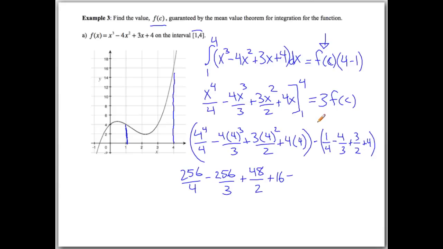This one gives me 3 over 12 minus 16 over 12 plus 18 over 12 plus 48 over 12. Okay, and all that added up ends up being 53 over 12.